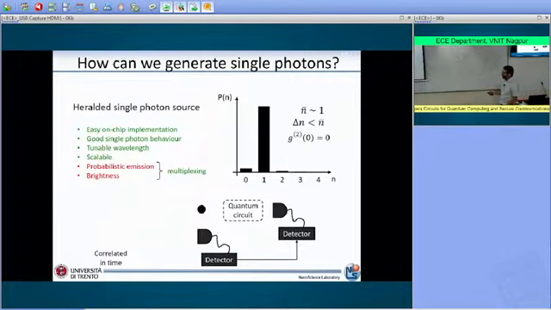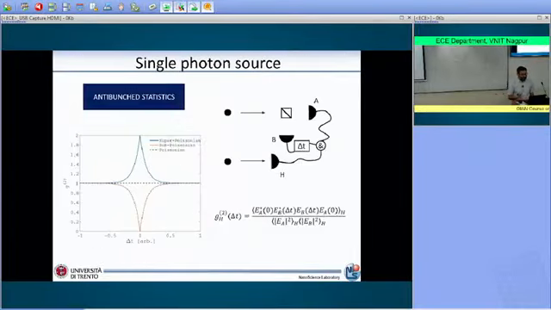What are the advantages? As I will show you, those are very easy to implement in a chip. So they have a good single photon behavior, meaning that if I do the measurements, the state is a very anti-bunched state. So how do we do the anti-bunching measurements in this case?